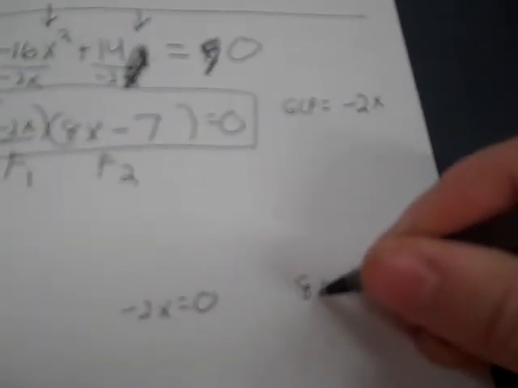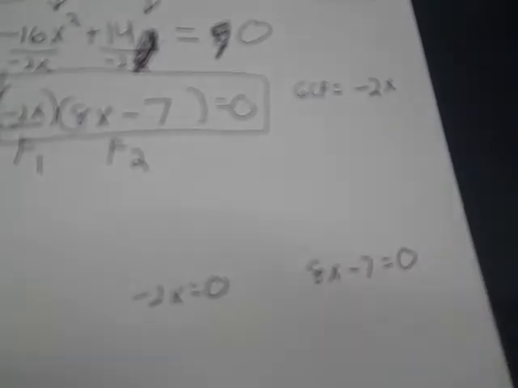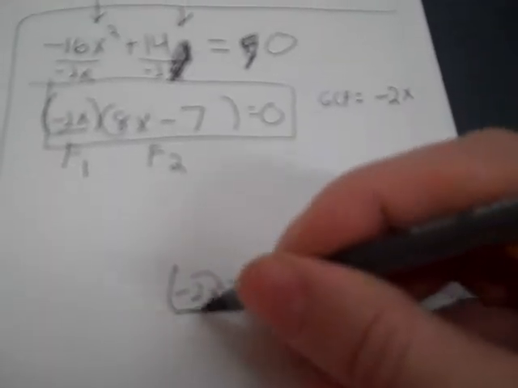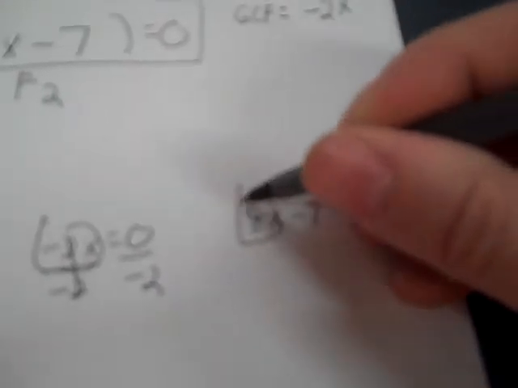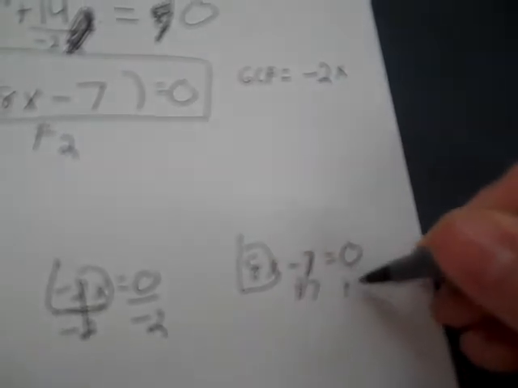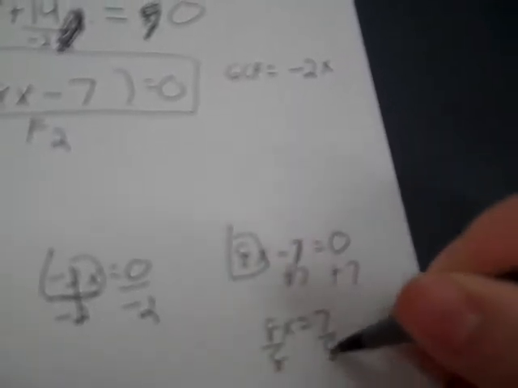Factor 2, 8x minus 7 could equal 0. So I divide by negative 2 and that's 0. Plus 7, 8x equals 7. Divide by 8. Now, I told you before you could just leave it 7 over 8, but on a story problem, I would like to see the decimal rounded to the nearest hundredth. So 0.87, and then that 5 would make it 0.88.